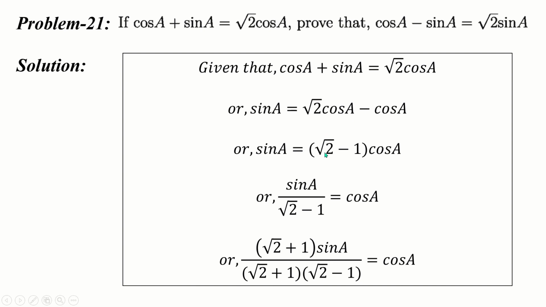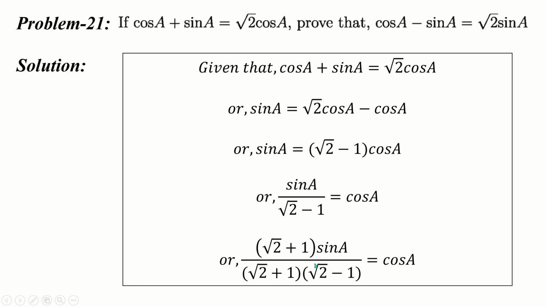Now dividing both sides by square root 2 minus 1, the left side will be sin a divided by square root 2 minus 1, and the right side will be only cos a. As the denominator is a surd, we have to remove it. So we multiply both numerator and denominator of the left side by square root 2 plus 1.